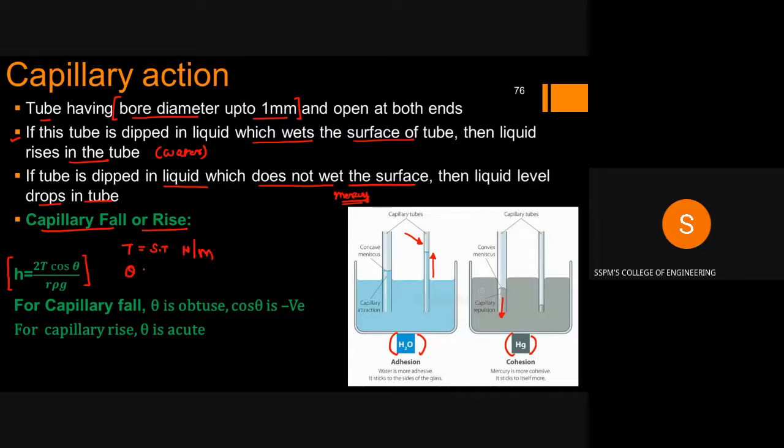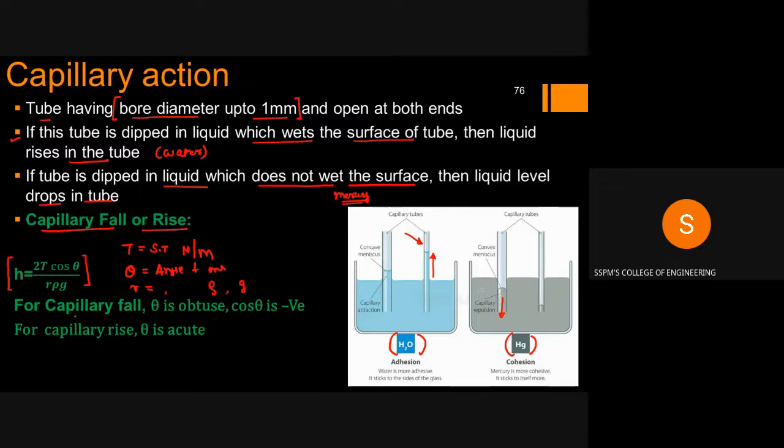Theta is the angle of contact. R is the radius of the capillary tube. Rho is the density of the liquid, and G is the acceleration due to gravity. The same equation we can use for the fall and the rise, that is for water and mercury.